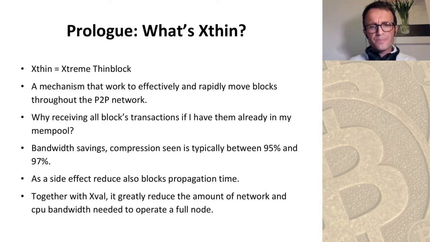So what it achieves is saving almost 95 to 97% of network bandwidth. And as a side effect, of course, it also reduces block propagation time. Together with another technique that I'm going to explain, Xtreme validation, it greatly reduces the amount of network and CPU bandwidth needed to operate a full node.